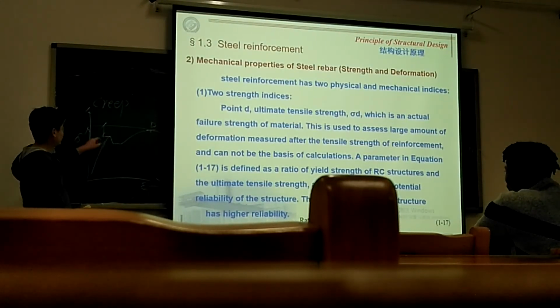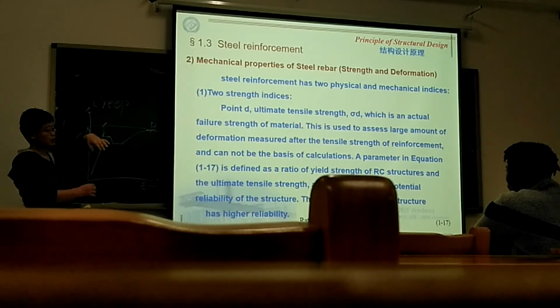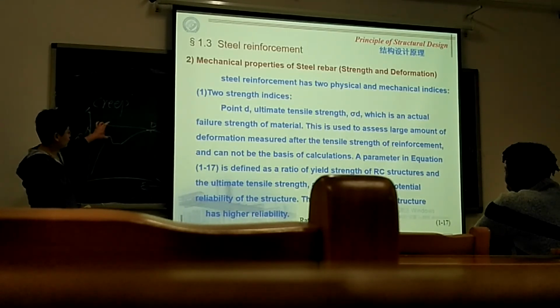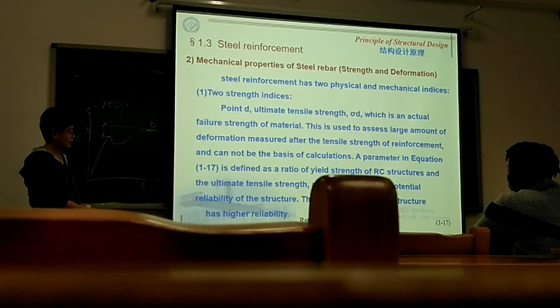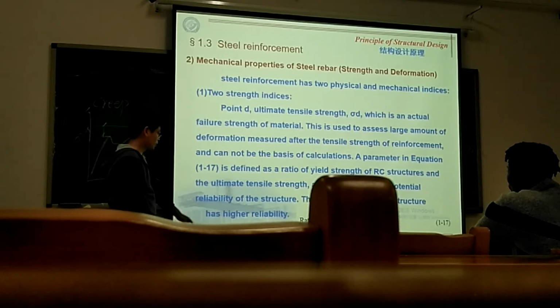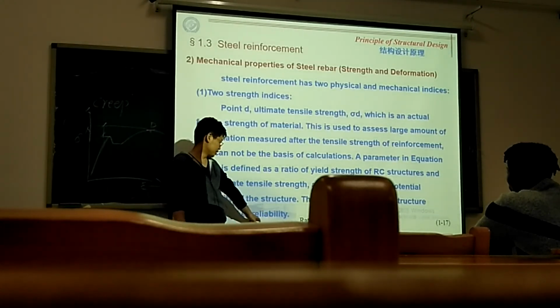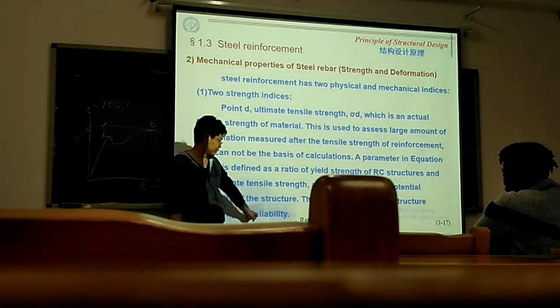That means after the yield point, there is still a larger space for development, and the deformation can continue. So this ratio, smaller means higher reliability.